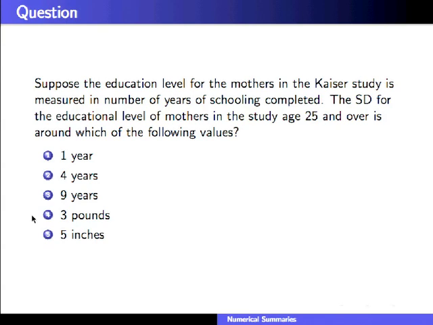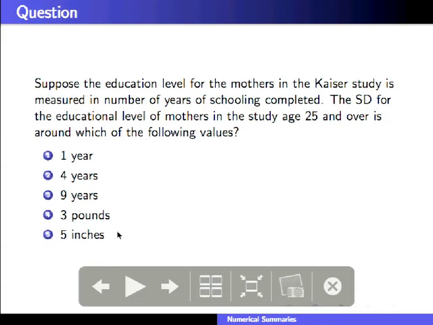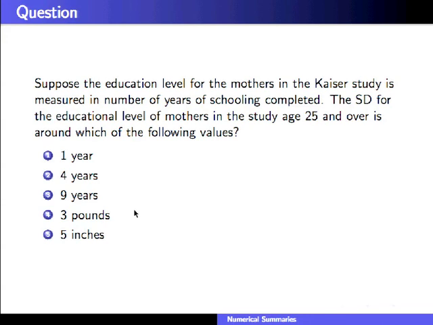That seems a little big. Whereas what if it were 1? If the average were 14, that would be saying most everybody's between 13 and 15. That doesn't seem right either. So sometimes we do these by a little bit of process of elimination, and 4 seems like a good answer.